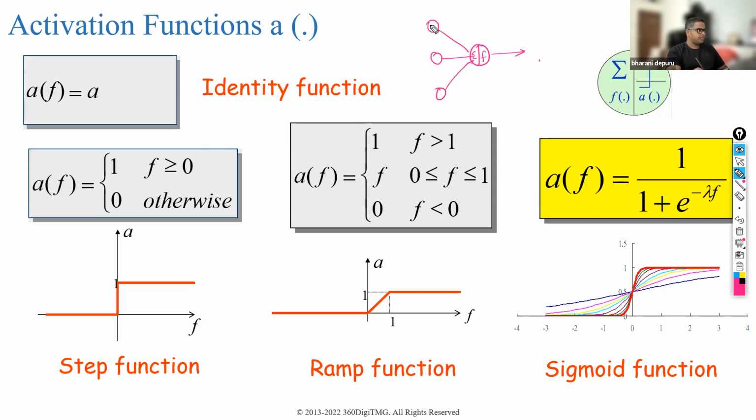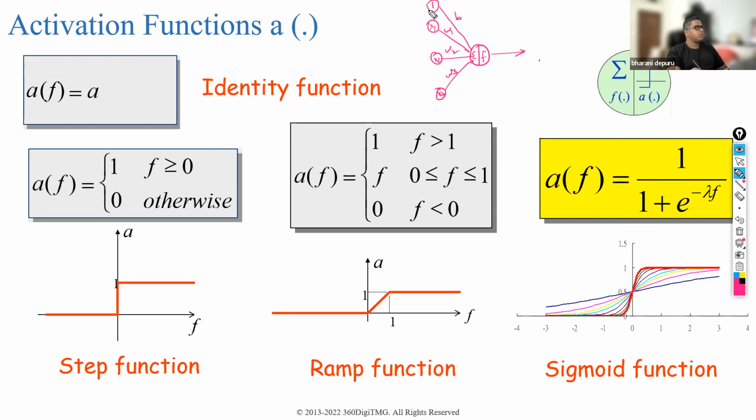And you'll have inputs x1, x2, x3, and you'll also have one bias, which will always have the value 1. And you'll have weights B, W1, W2, W3. This bias B is also a weight.